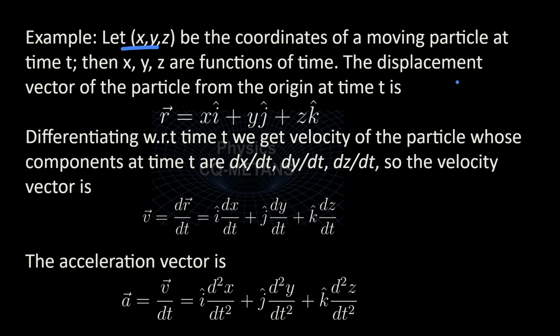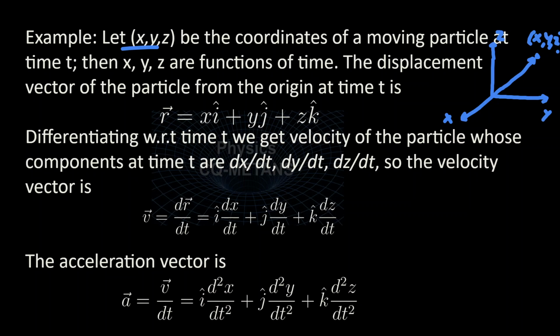Let us say we have a coordinate system, the x, y and z Cartesian coordinate system, and there is a point over here, x, y, z. Now we have a particle, a moving particle.